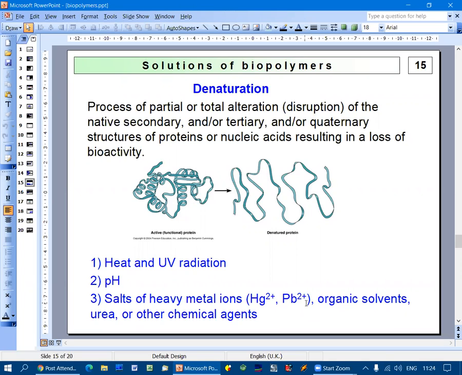Urea has the same carbonyl group and moreover an NH2 group.